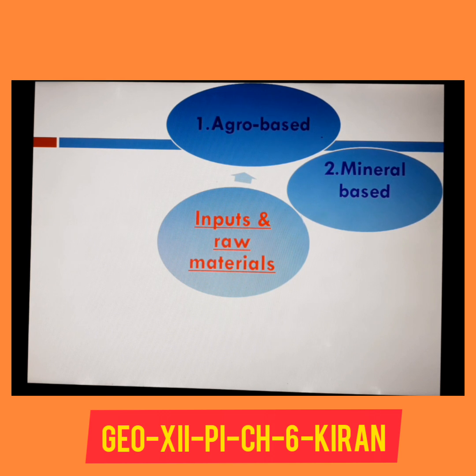Most of these mineral based industries are located even away from the source of raw materials. The transport cost is also added in the mineral based industries. If the location of the industry is away from the mining area, the cost of transport is included.